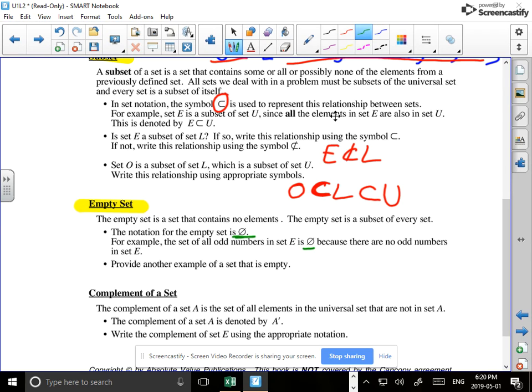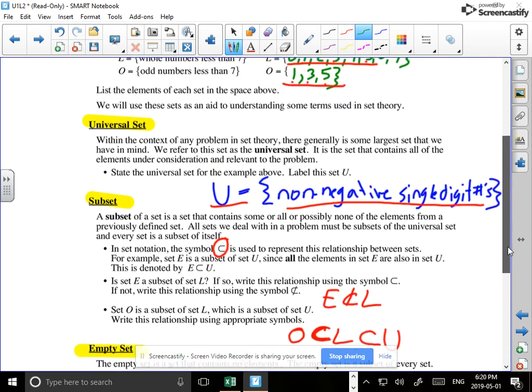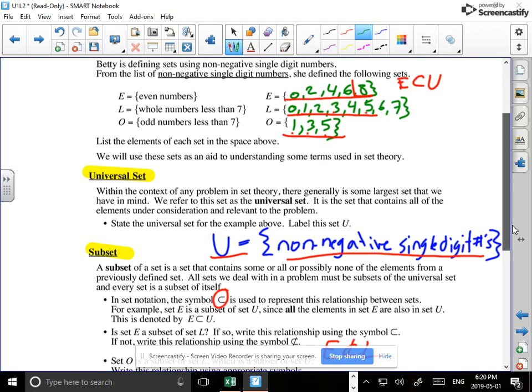So let's look at coming up with another example of an empty set from one of these sets that we've got going on here. One of the things I could look at is this one.